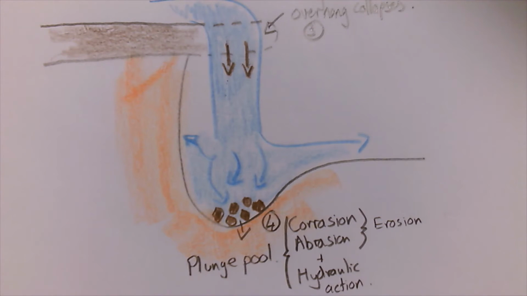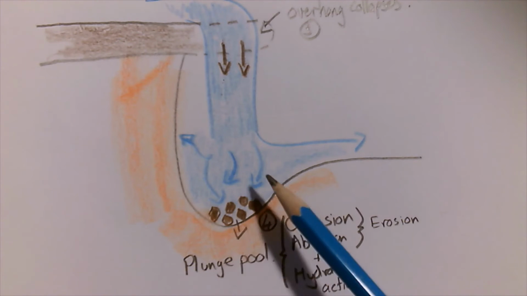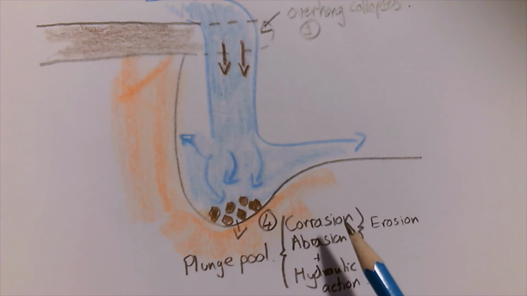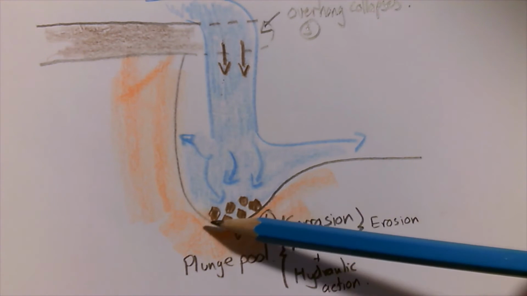Explain to me how the fragments of more resistant rock increase the rate of erosion. Enzo. Yes, well done. So those fragments of resistant rock are rolled around in the turbulent water, and that causes corrosion and abrasion to drill down and lower the level of the riverbed.